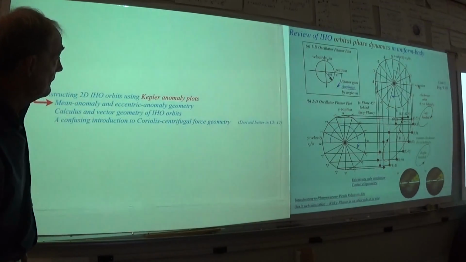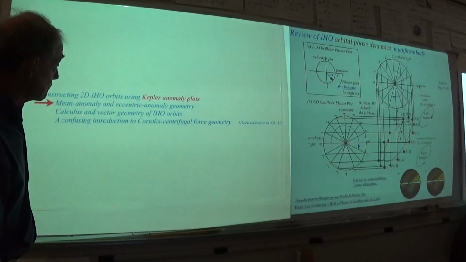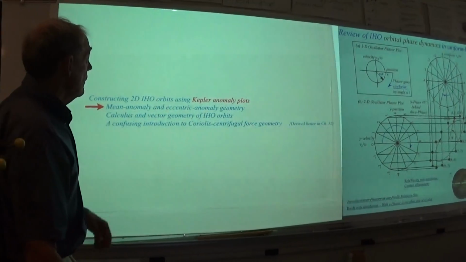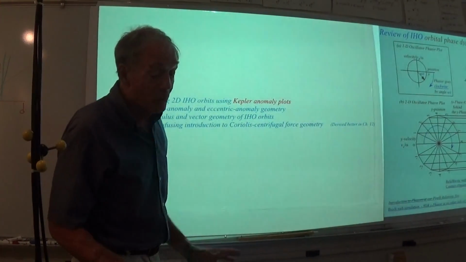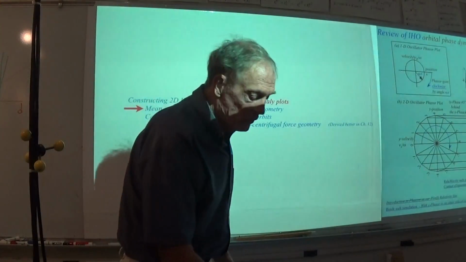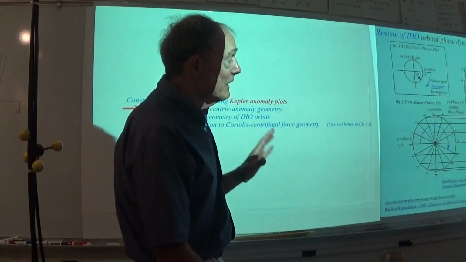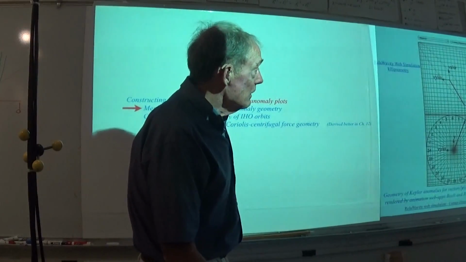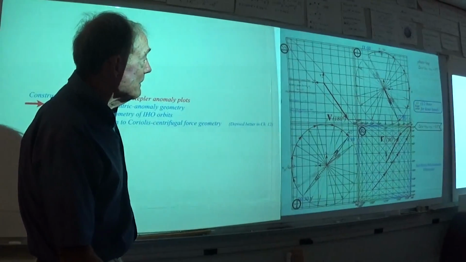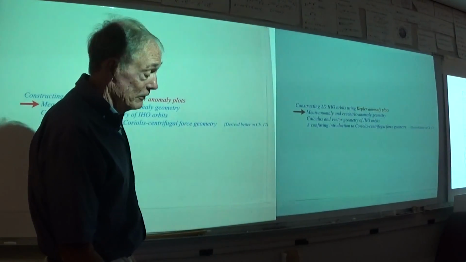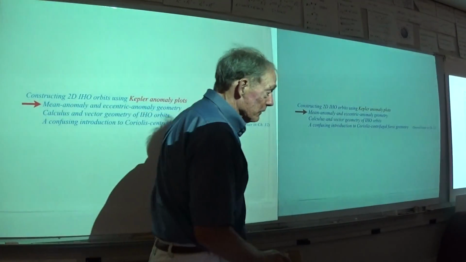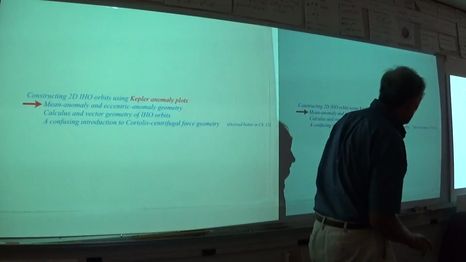Okay. Now, this is another way to do the geometry. We call it the eccentric anomaly. This is more classical. This is more like what Kepler would have done if he had to solve an ellipse problem with a harmonic oscillator instead of what we have.